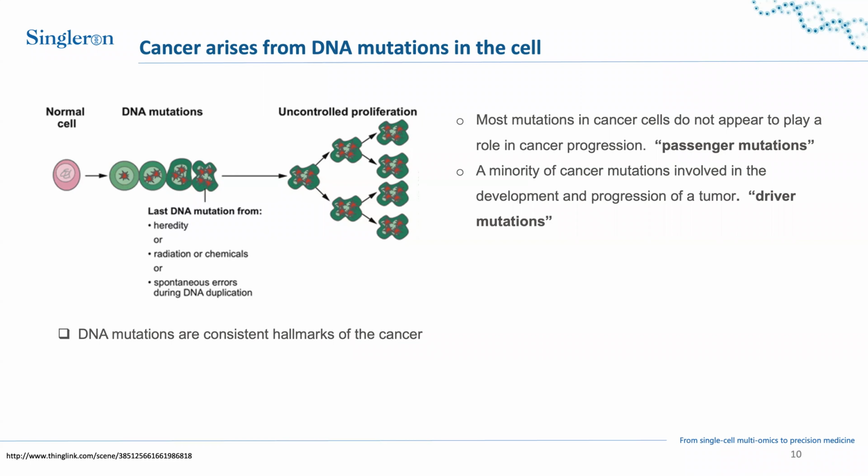And those mutations are also very important to identify because some of them are druggable. So it is really important to know which kind of mutations you have, to be able to decide how to treat this specific case.